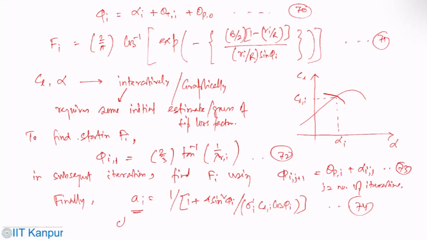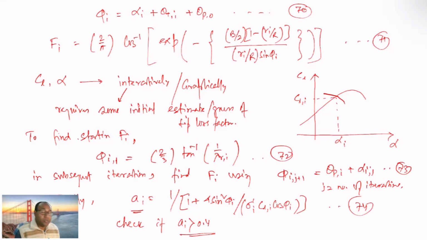Then you need to check whether AI is greater than 0.4 or not. If it is greater than 0.4, then actually we cannot use this design consideration. We have to actually use method 2 that we have discussed earlier.